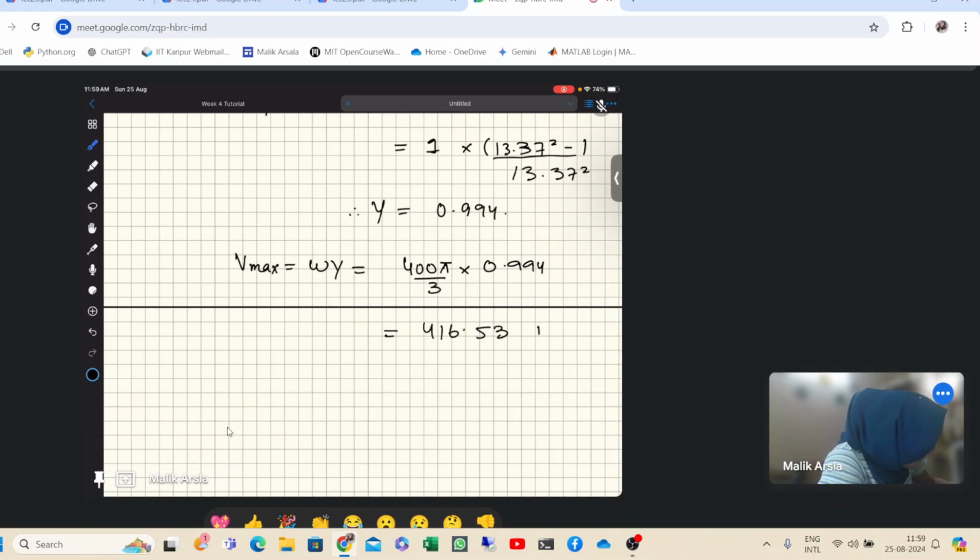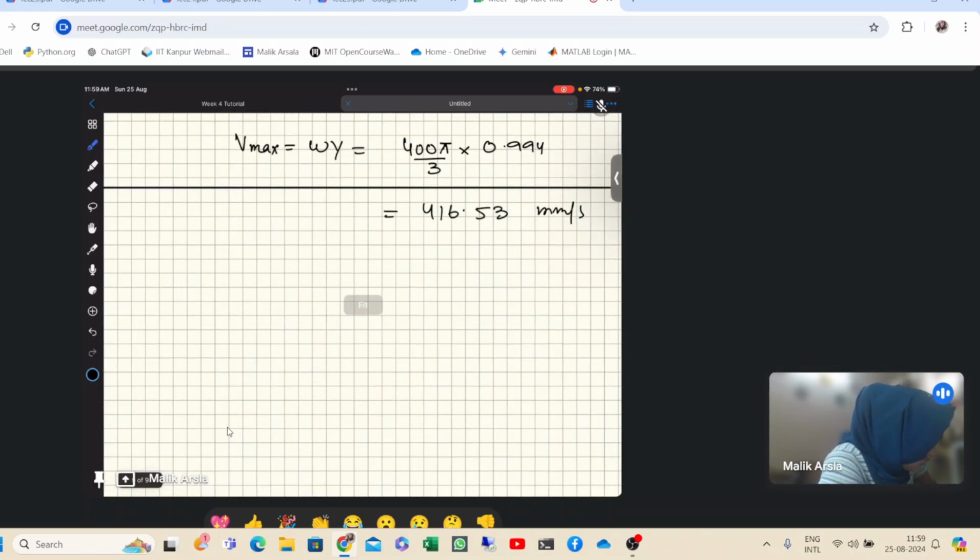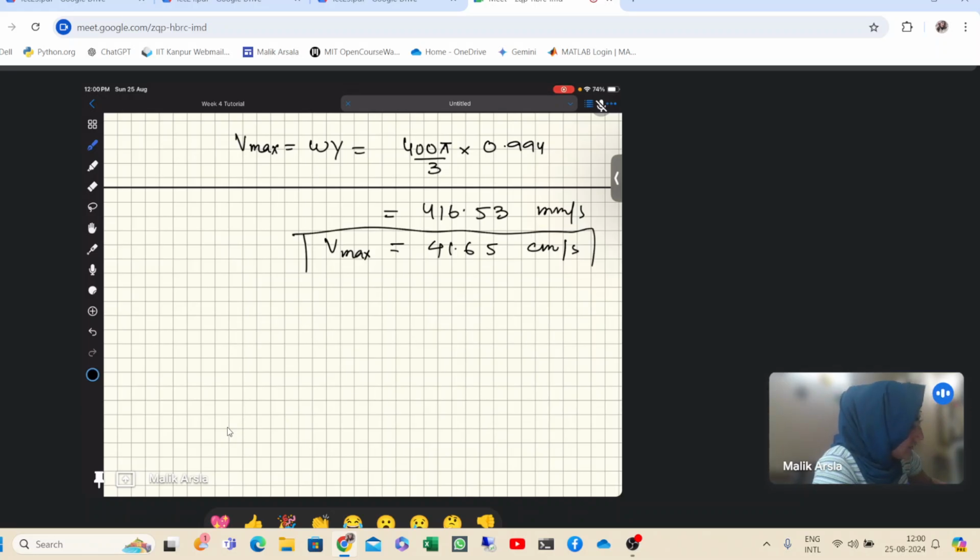But this is in mm per second, because I have taken 1 mm and have not changed it. So if you want to convert it to meter per second or centimeter per second, you can simply write it as 41.65 centimeter per second. Okay, so that will be our desired answer.